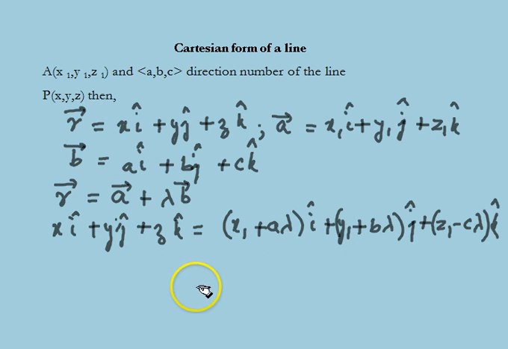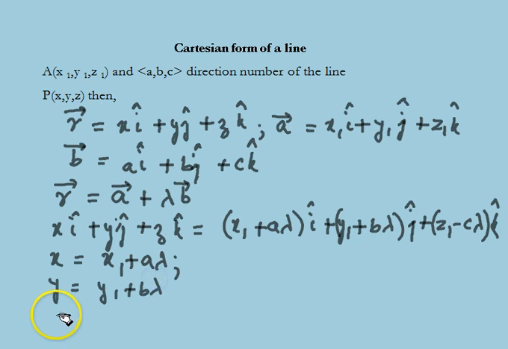Now on equating the coefficients of the base vectors i, j and k, we have x equal to x1 plus a lambda, y equal to y1 plus b lambda, and z equal to z1 plus c lambda.